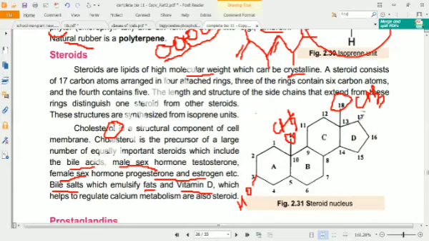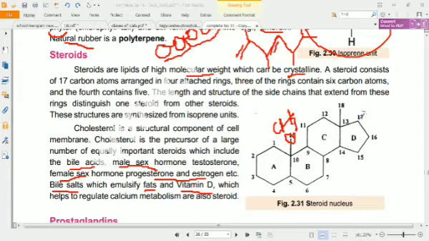If we talk about the cholesterol structure, at carbon number 17, a long chain of carbon is attached. You can see here like this.